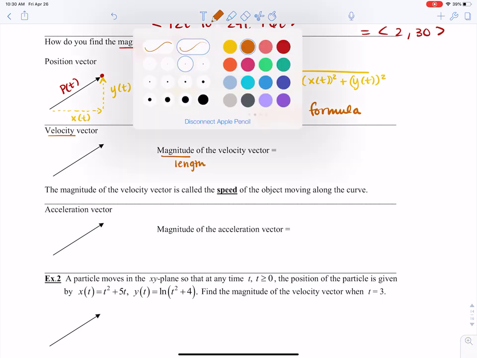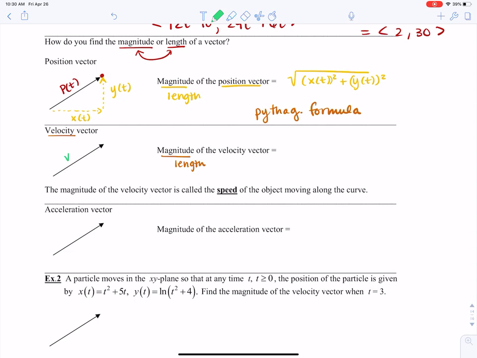What if you're asked to find the length of the velocity vector or the magnitude of the velocity vector? So here I have my velocity vector, and it has a component that is x prime of t, and it has a y prime of t component because it is made up of those two pieces.